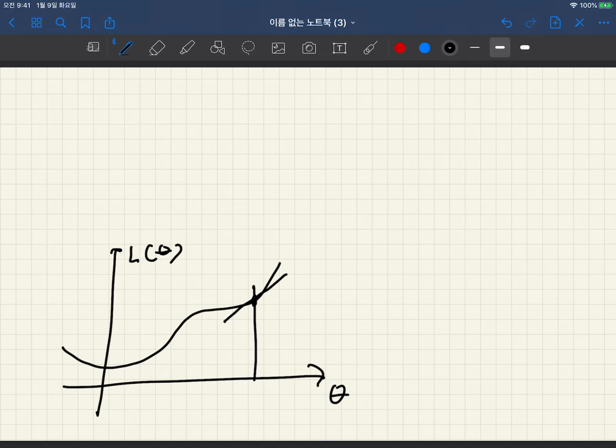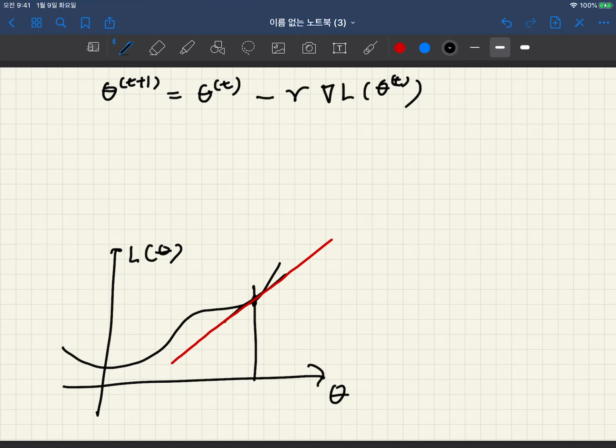Imagine the loss function is really a linear function. Then what will happen with the gradient descent algorithm? Theta t plus 1 is equal to theta t minus gamma times the gradient of L at theta t.